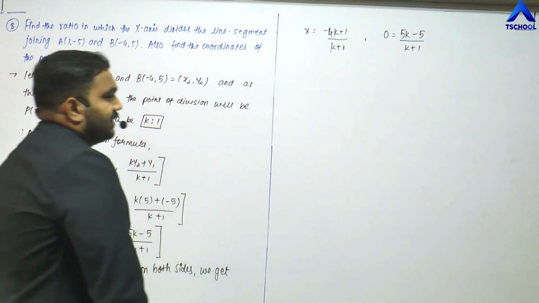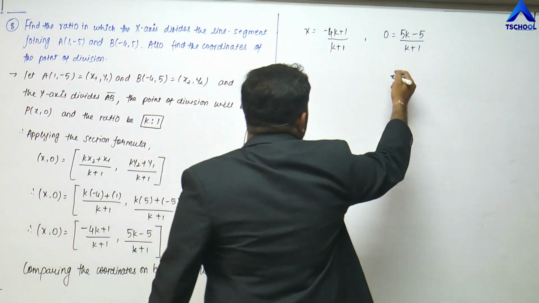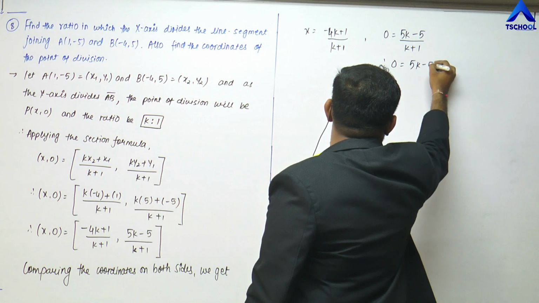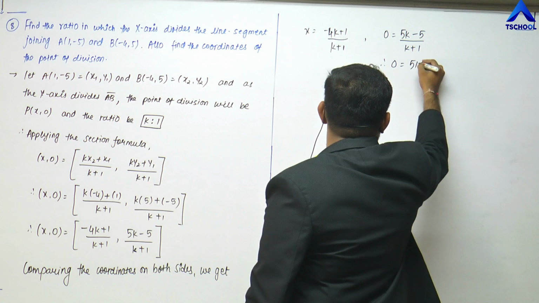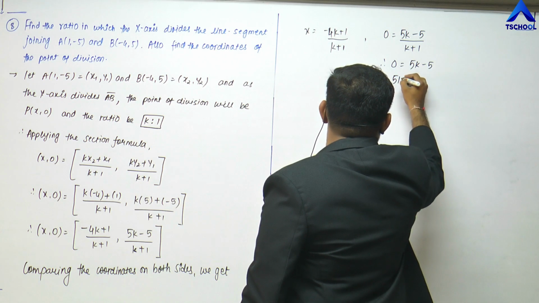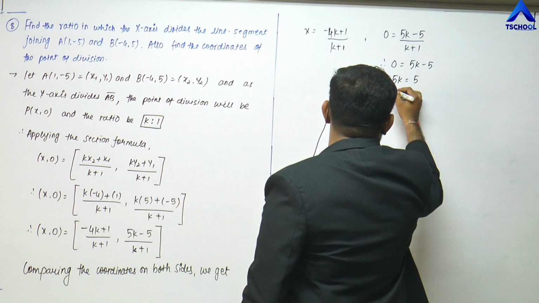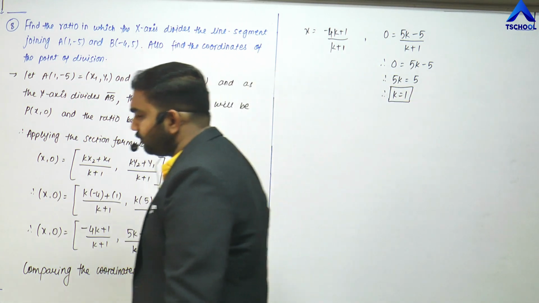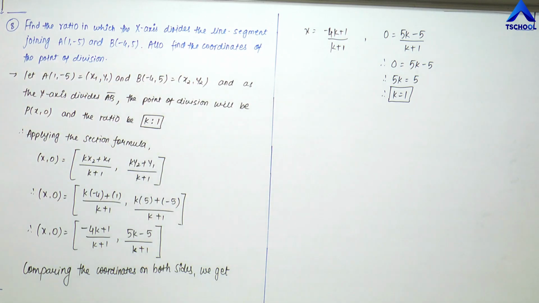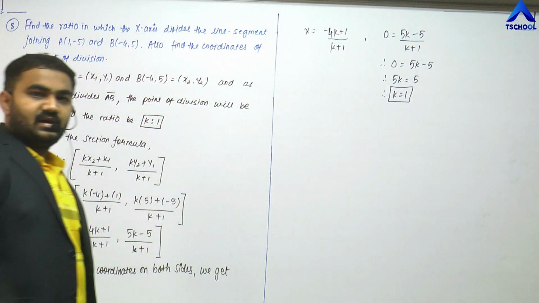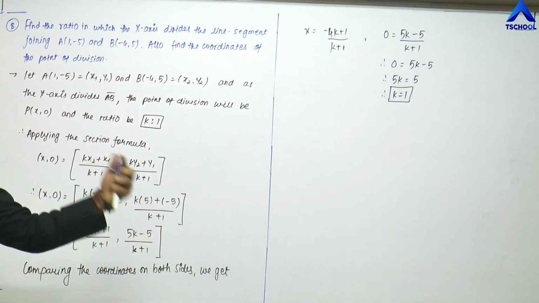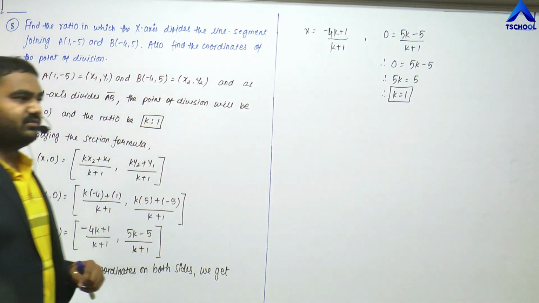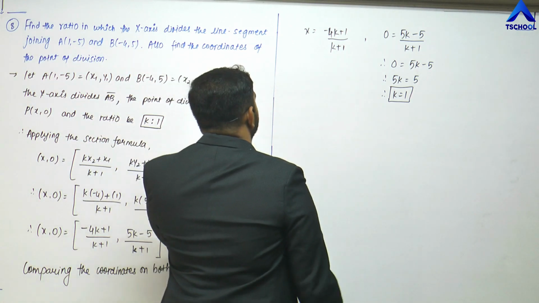So first of all we shall solve this one, the y coordinate. Therefore 0 equals 5k minus 5, which gives me 5k equals 5, and again which gives me k equals 1. So we got the value of k as 1. So friends, again as we did in the previous example, we shall first of all find out the value of k, and then we shall find out the value of the coordinate that is not given.